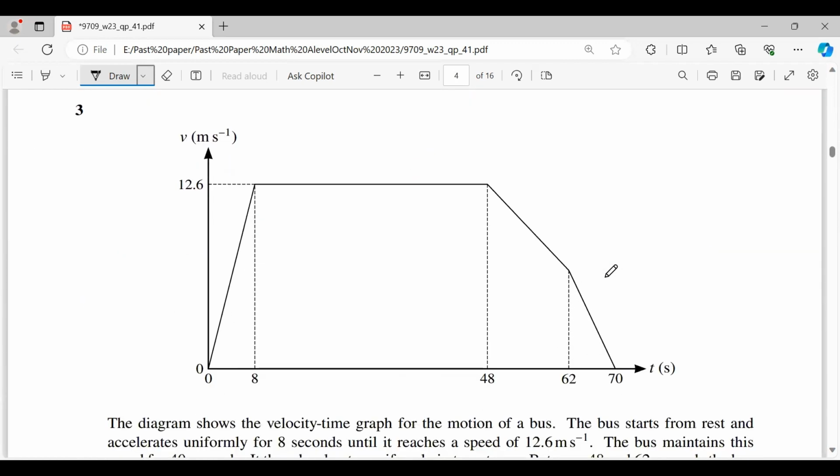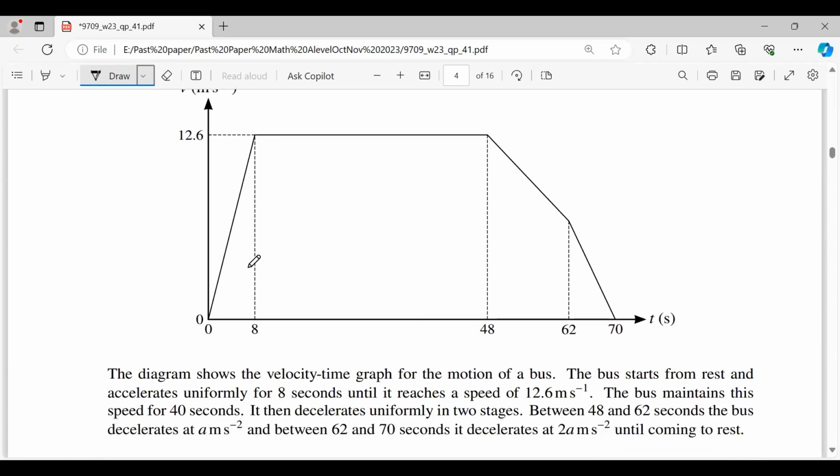Number 3. The diagram shows the velocity time graph for the motions of a bus. The bus starts from rest and accelerates uniformly for 8 seconds until it reaches a speed of 12.6 meters per second. The bus maintains this speed for 40 seconds.